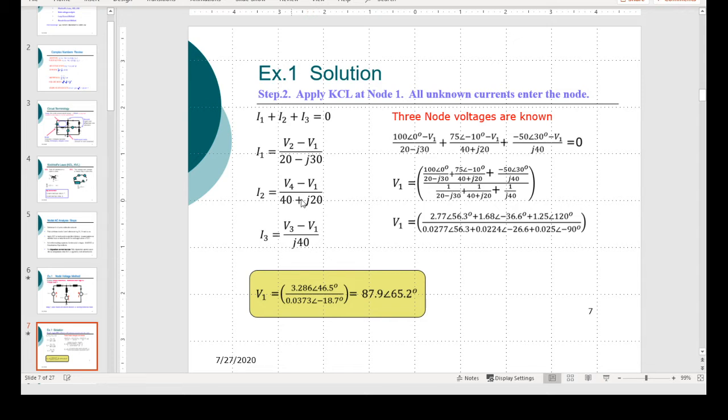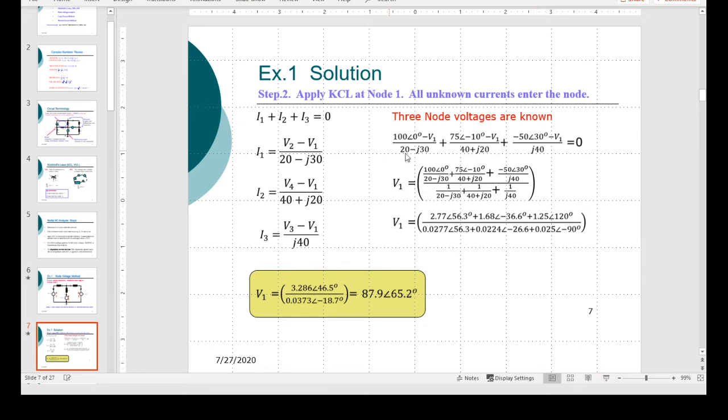And the same way I find the expressions for I2 and I3. Now once I've got these expressions, I can substitute into this equation and I obtain this equation here. I've just substituted for V1, V2, V4 and V3.